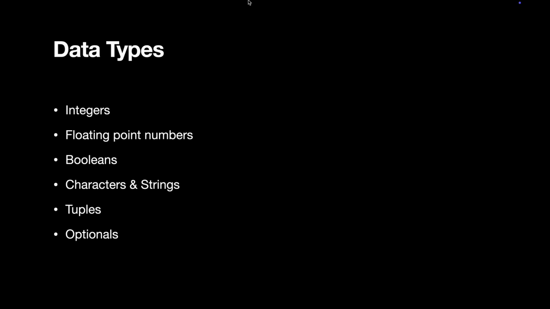We will be learning about all of these, but in this video we will not be learning about characters, strings and optionals. These data types require their own separate video, as they require explanation in detail. So we will only be learning about integers, floating point numbers, booleans, and tuples in this video.